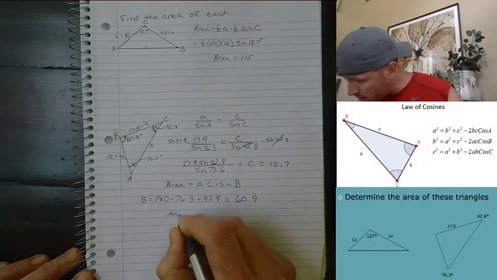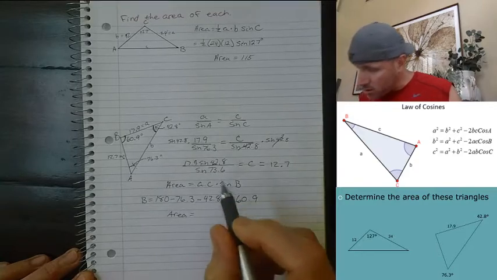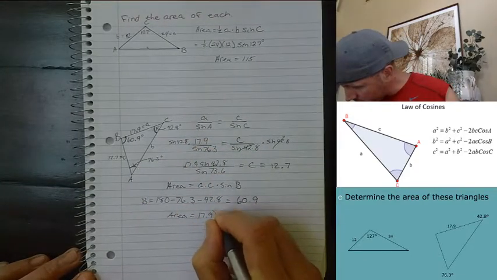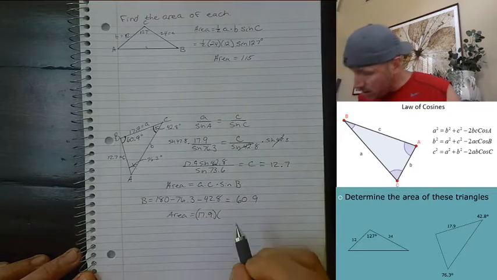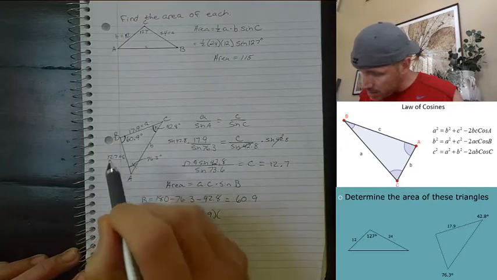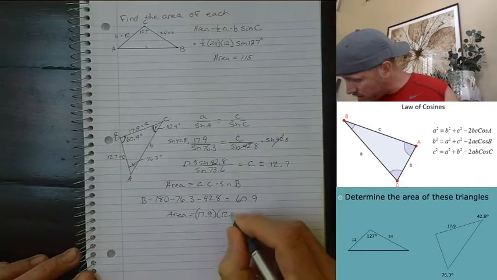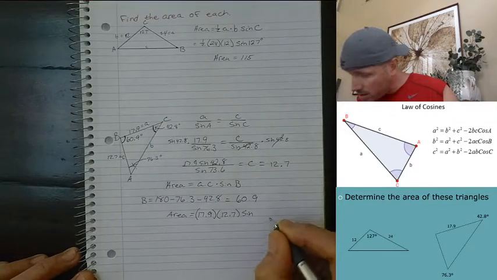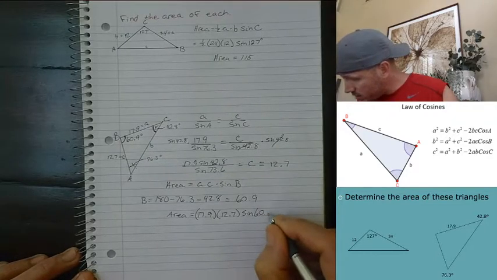So our area is equal to 1/2 times A, 17.9, times B. Oh, we're not doing B, we're using C, times C at 12.7. And that's going to be times the sine of our angle B, 60.9.